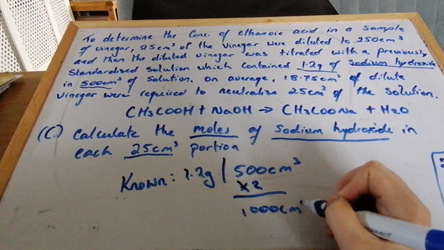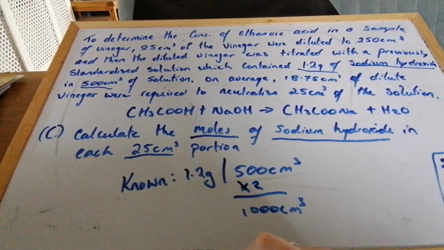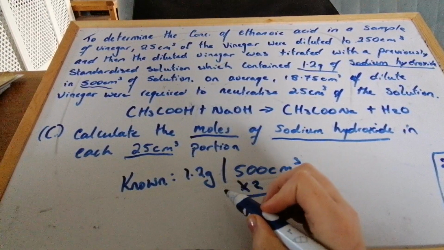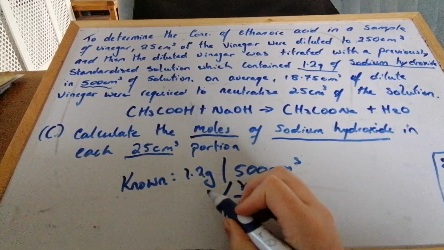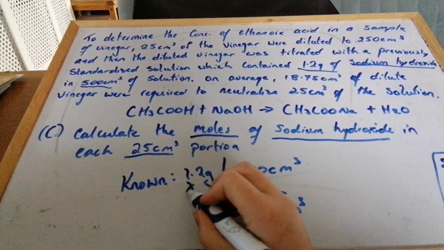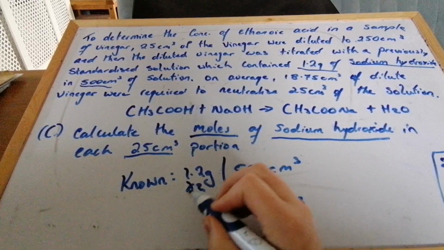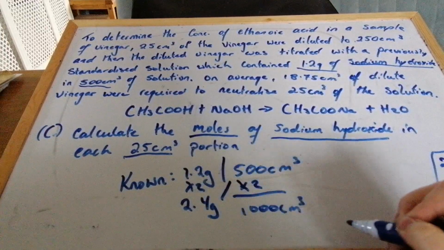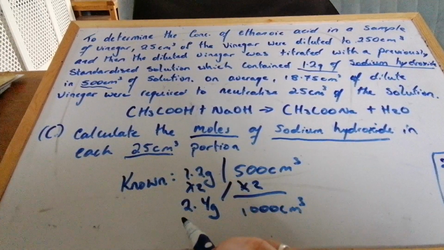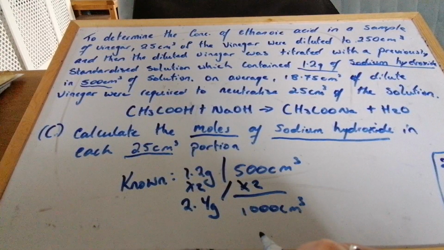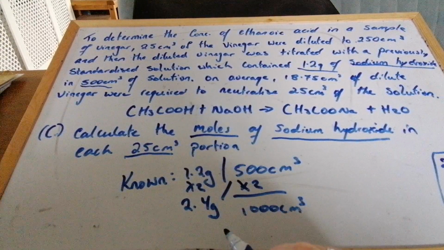What I do to this side, I must do to the other side to make sure that my ratio remains the same. So I also need to multiply this by 2. Okay, so now I can see that I have 2.4 grams per 1,000 centimeters cubed. Okay, so that's the first part.